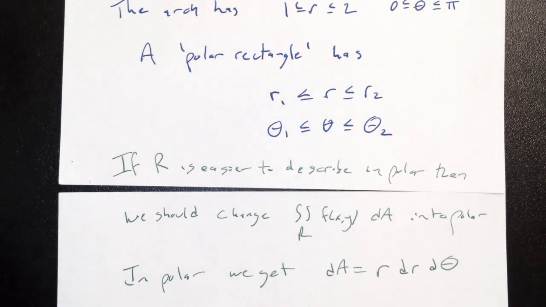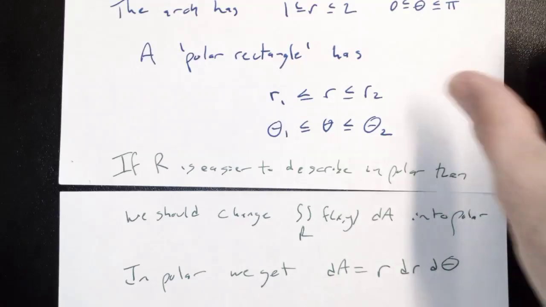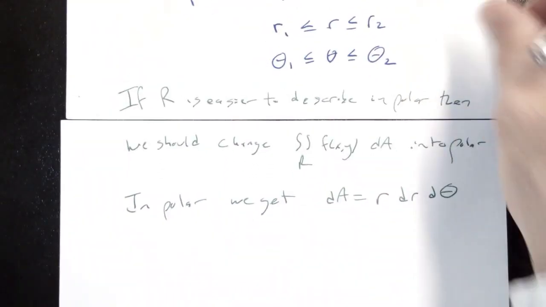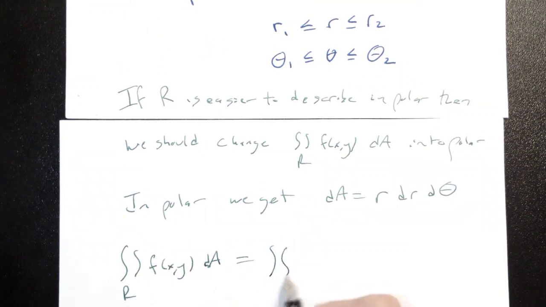But that means if I want to change some integral from x and y to r and theta, I not only have to switch the description of my region to polar coordinates, I have to switch the integrand.